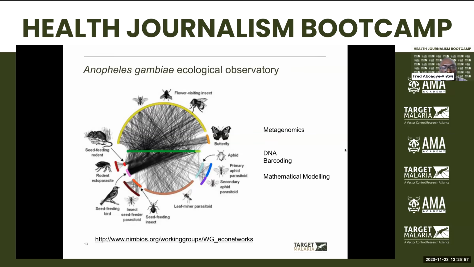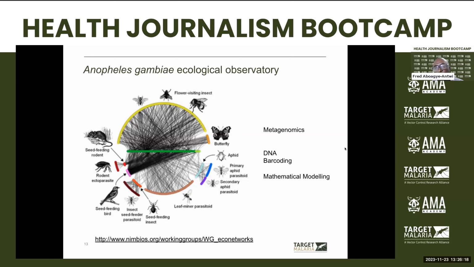This shows that if that particular bird is not there, all those linkages between the bird and other organisms will be broken, which means that the bird could be playing an important role within that particular network.